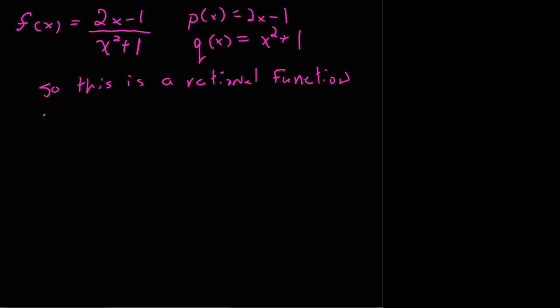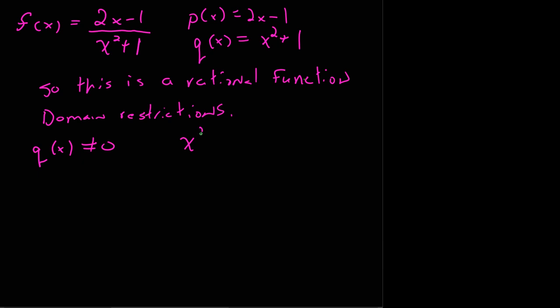Now, are there any domain restrictions? So we're given a function. It has a division in it. We have to make sure that the numerator and the denominator are polynomials. And then we have to look at the denominator and say, hey, you can't equal 0.